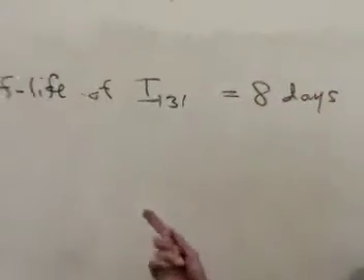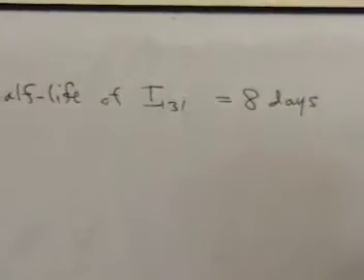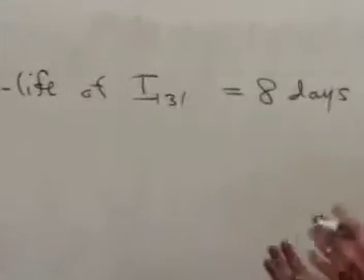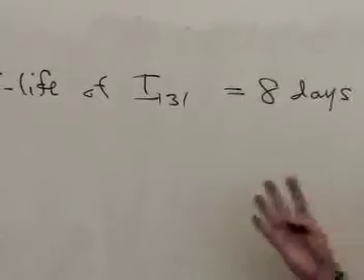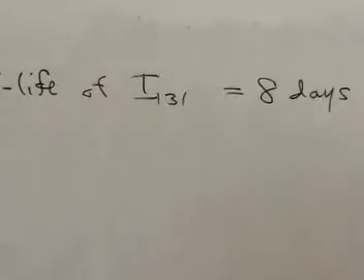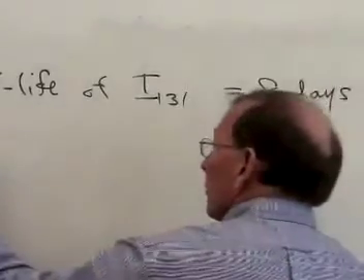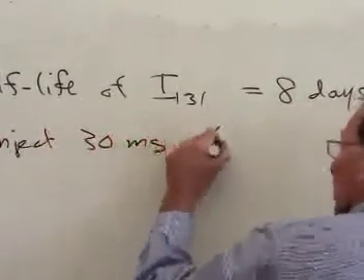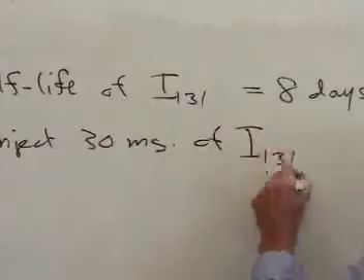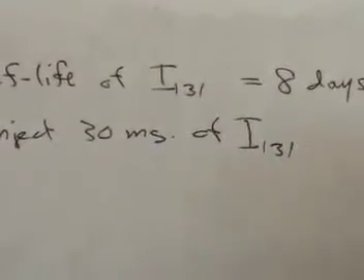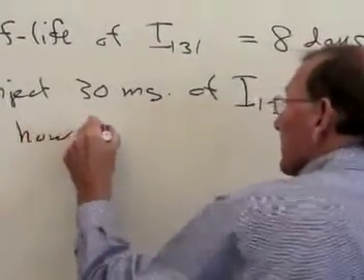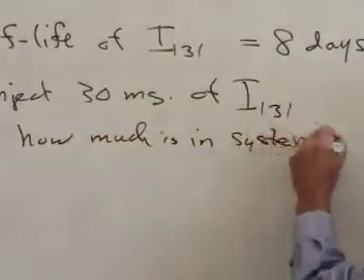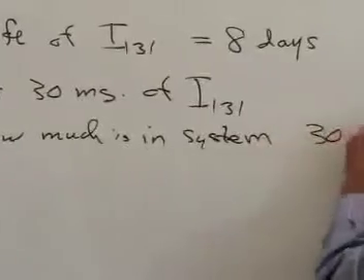This is a radioactive substance that's used to treat thyroid cancer, and basically it transmutes and changes so that you have half as much of it after 8 days as you started with. Suppose you inject somebody with 30 milligrams of iodine-131, and the question I want to ask you is, how much is left in your system, say, 30 days later?